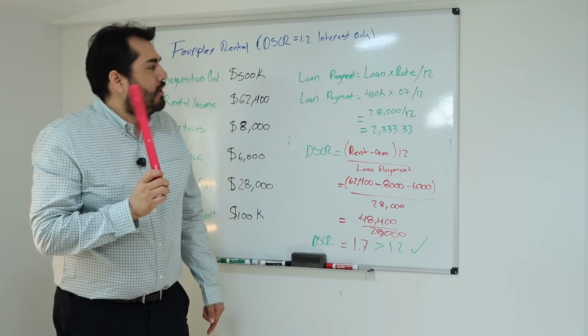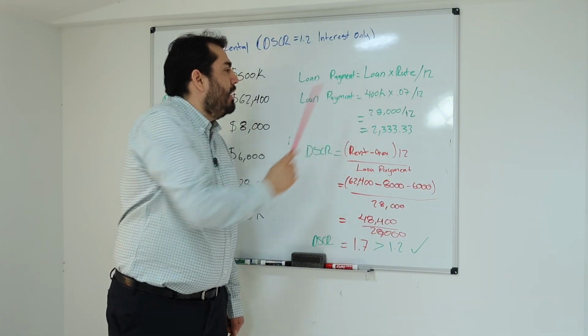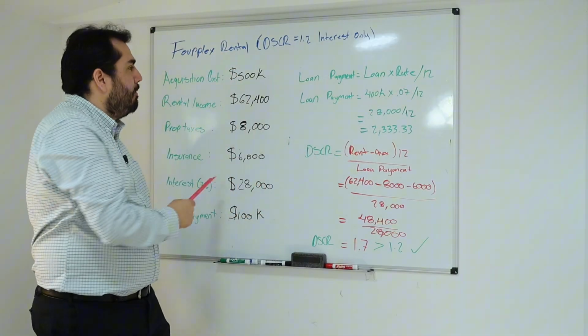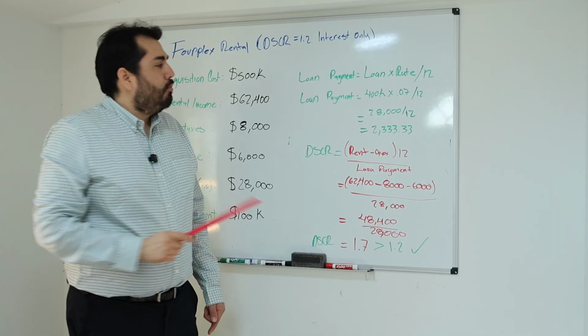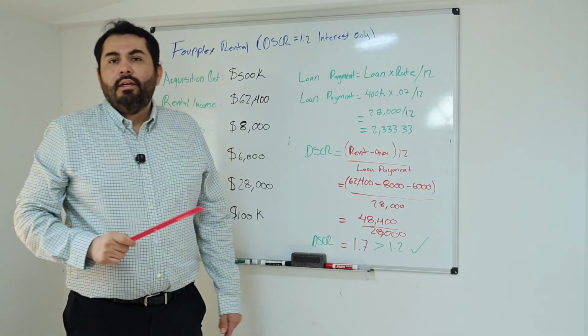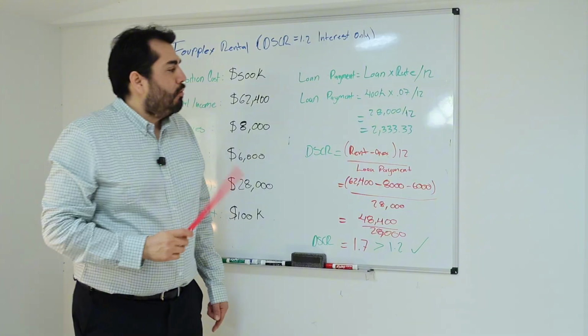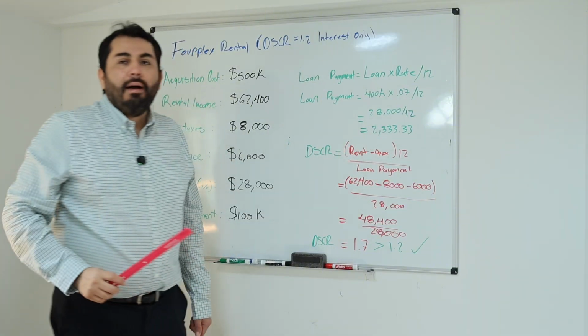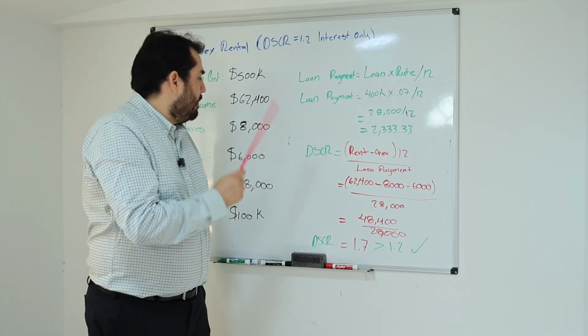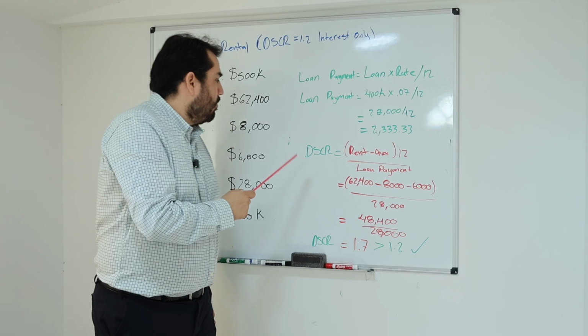We have $400K times the loan rate, which is 7%. We end up with $28,000 interest for the loan a year. If we divide it by 12 months, we end up with a little bit more than $2,000.